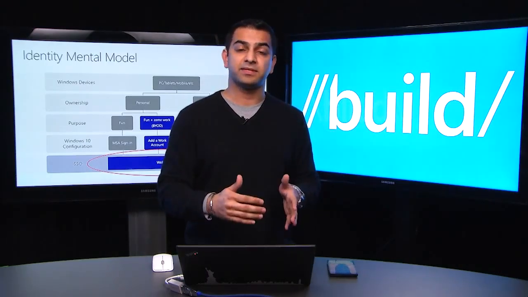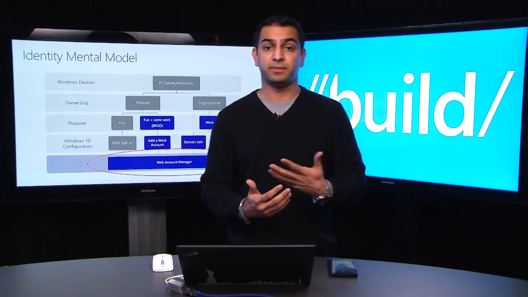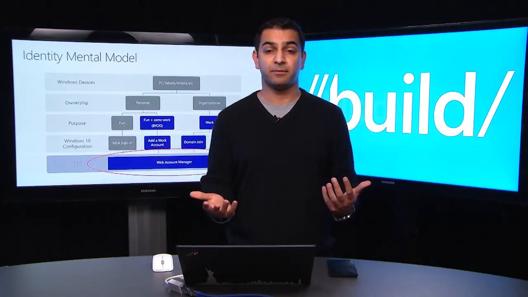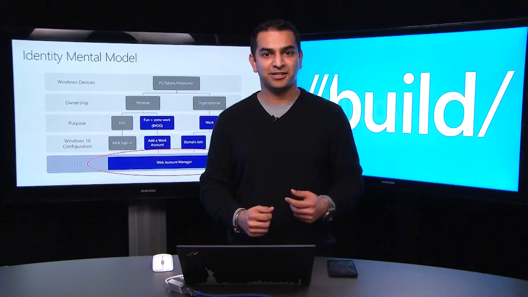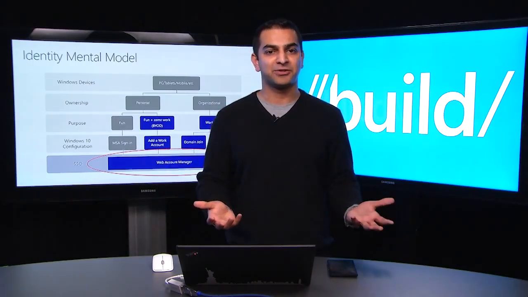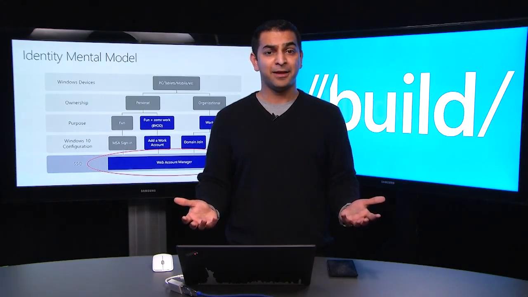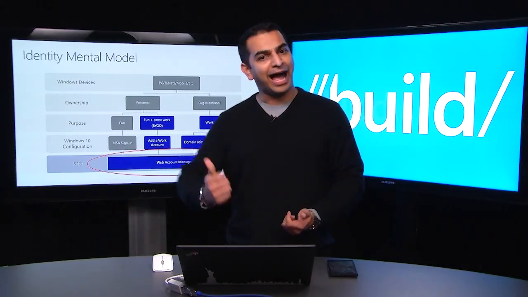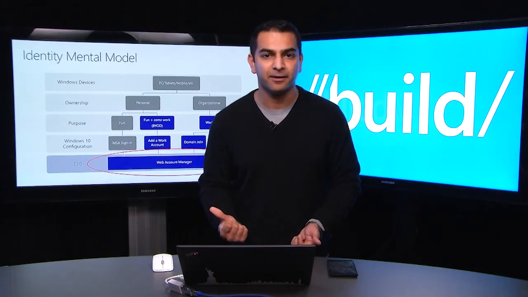Well, you can use the same set of APIs to do that. Sometimes you may want to choose to write an app that only works with Azure AD and, again, Web Account Manager. And sometimes there's an interesting use case where your app knows how to handle both Microsoft accounts and Azure AD, but you want to curate the experience based on how the device was set up.